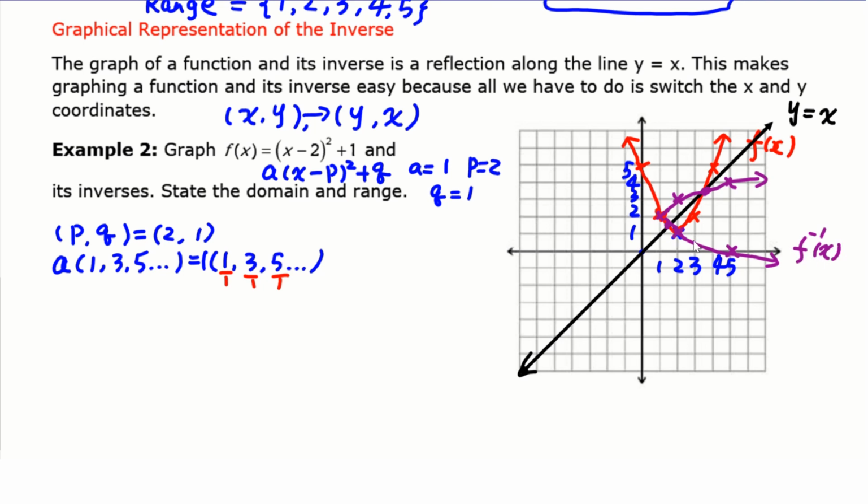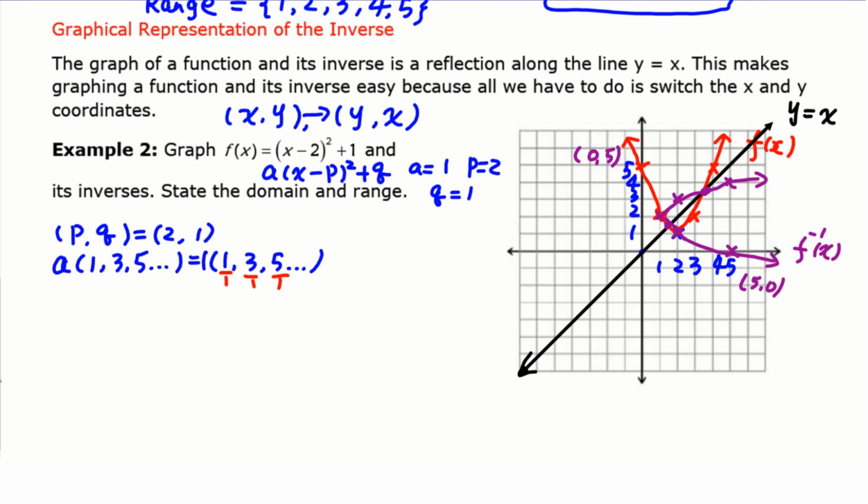So what we have done is just switch the x coordinate and y coordinate. So this point 0, 5 becomes 5, 0 after the flip. And other points just flip correspondingly.